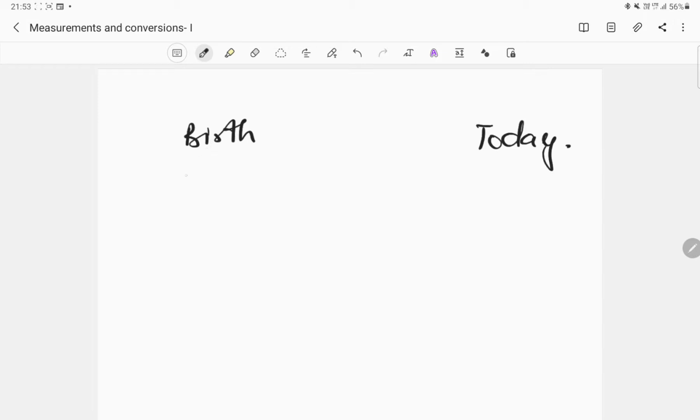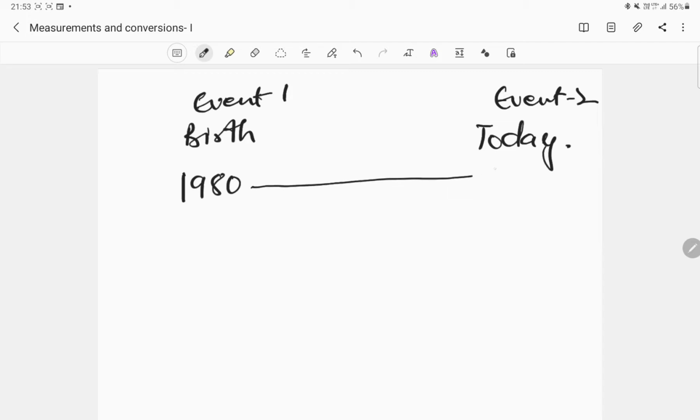Now, let me give you an example. I was born in 1980. So this was the first event, right? So this is one event. And I'm talking about the second event, which is here. This is the second event. What is the distance between 1980 to 2021? Well, if you calculate it, you will find it is approximately 41 years.